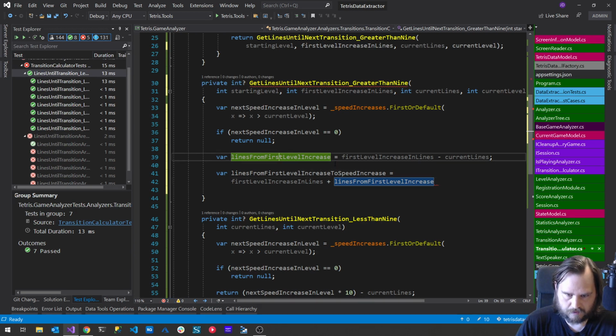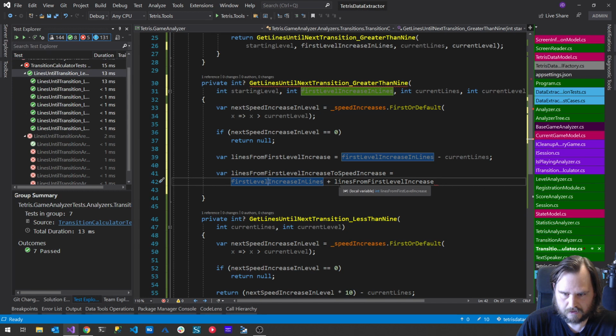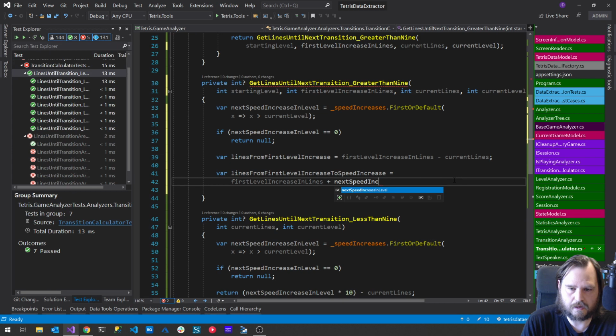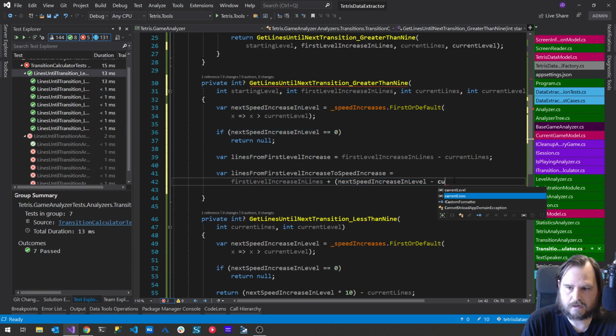Lines from first level increase to the speed increase is the first level increase in lines plus the next speed increase in level minus current level.